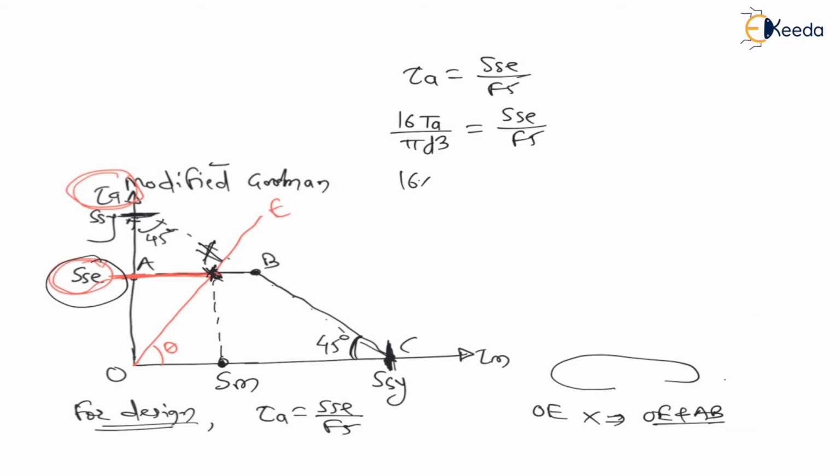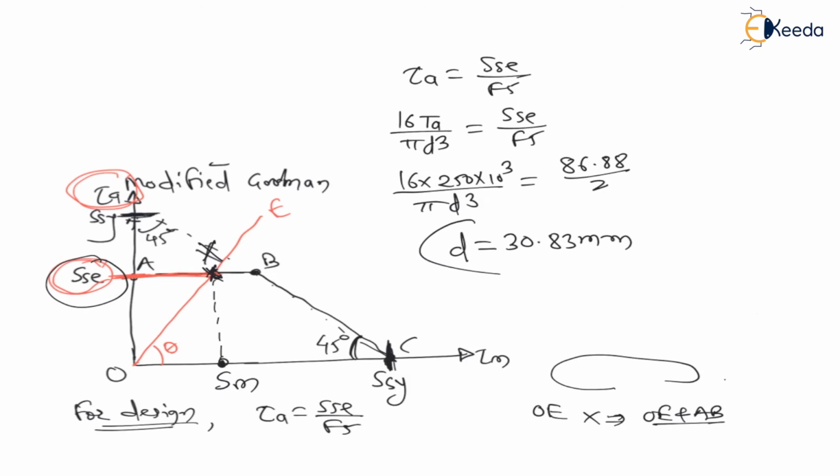Therefore 16 into torque amplitude 250 into 10 to the power 3 divided by pi d cube is equal to SSE, which we have calculated as 86.88, divided by 2. Now only the diameter is unknown. If I solve for diameter, I will get 30.83 mm, and this is the answer for this question.